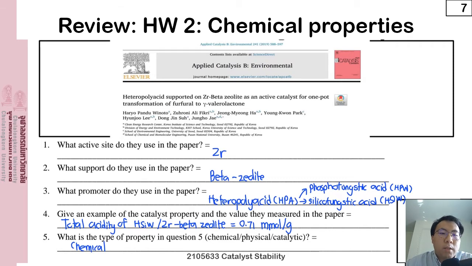And he gave a sentence stating that the total acidity of proton silicotungstic acid supported on zirconium beta zeolite is equal to 0.71 millimole per gram. So he gave an example of the total acidity, which is the chemical properties, and this homework was done right also.